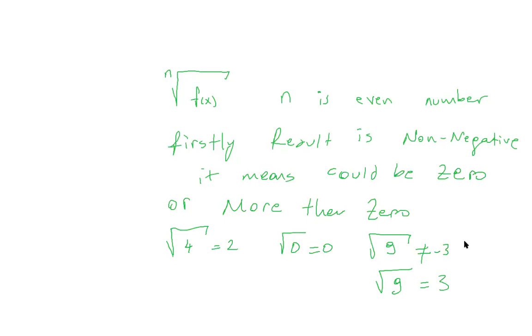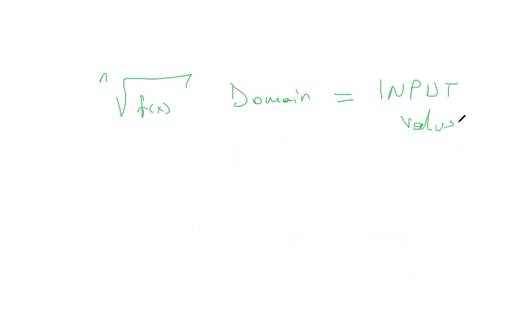Any question? No. Now, when we talk about the domain, be careful now, nth root of f of x. Domain means input values. What does it mean? Instead of x, what we write.